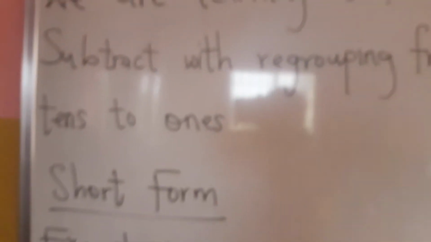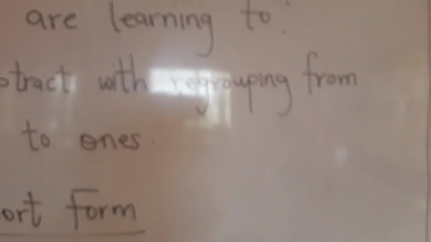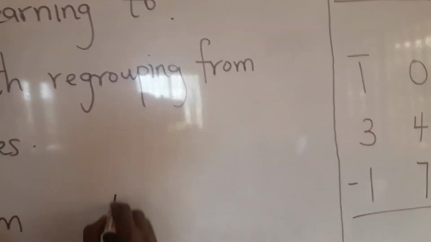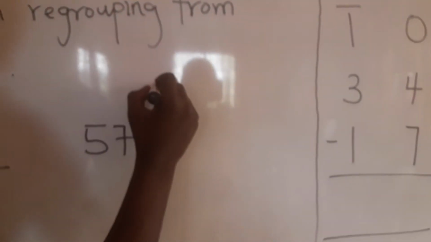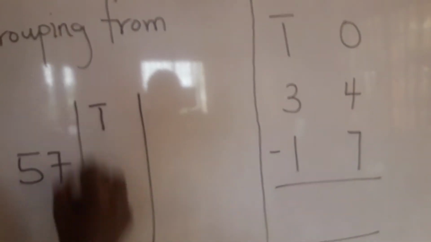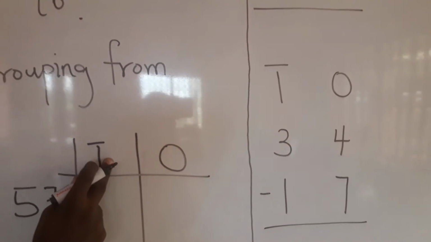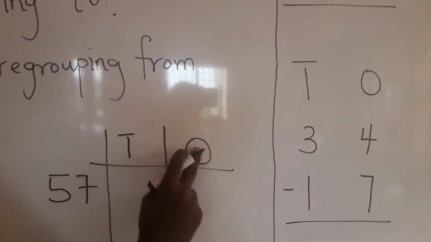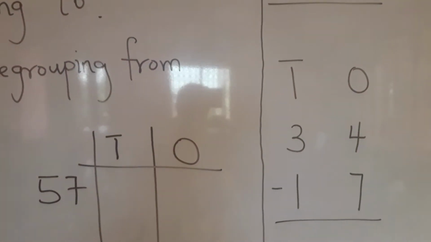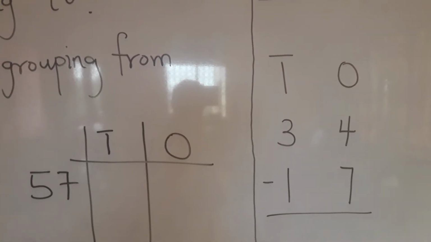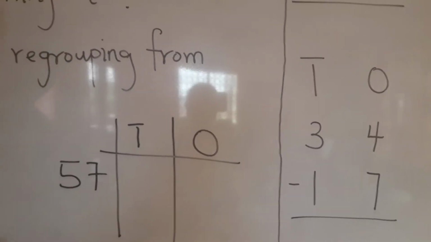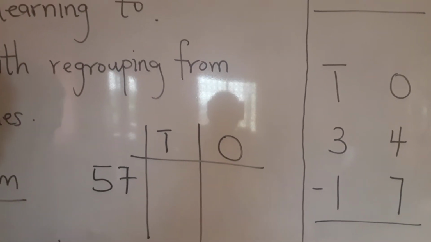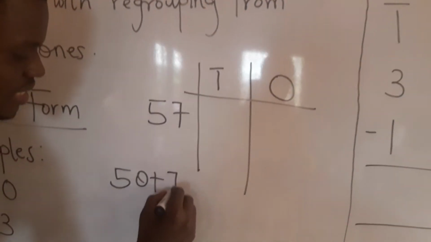Now, in our previous lessons, we learned about tens and ones, where we have 57 and we expand it. We have tens, T, and ones, O. So 57, if we want to expand this, how do we expand it? We know that 57 can be written as 50 plus 7.